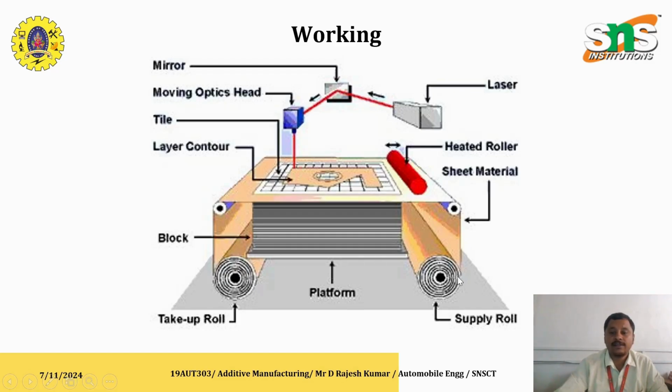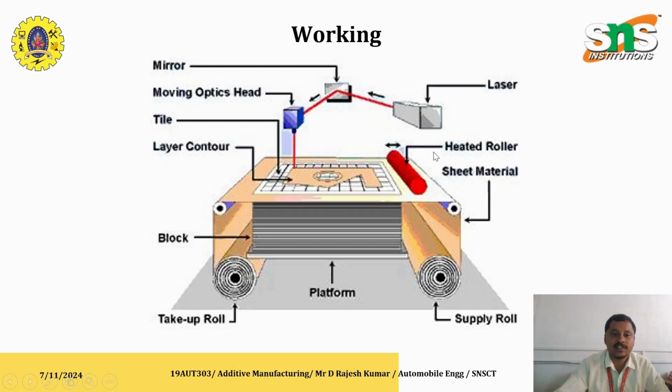From the right hand side, the material is supplied to the machine. The blue part is the moving optics that provides the laser support. You can also see the mirror, which is used to focus the laser according to the direction, and the laser source.